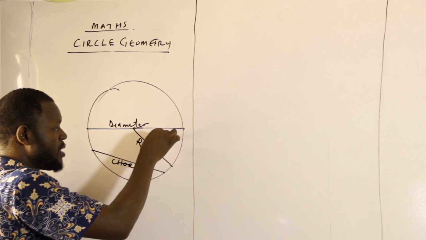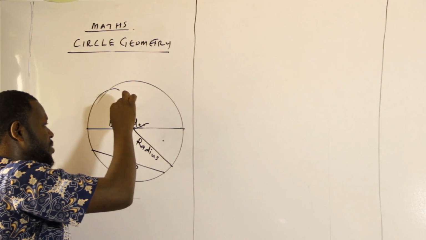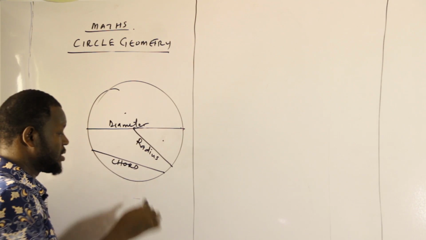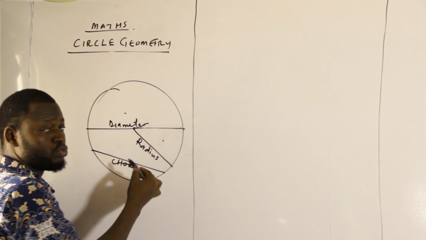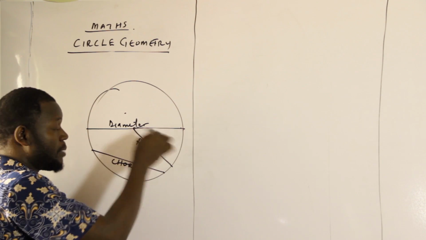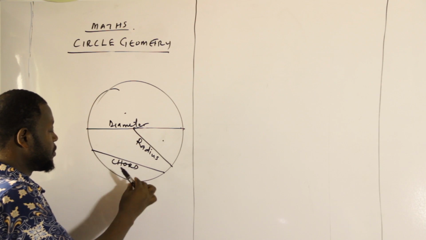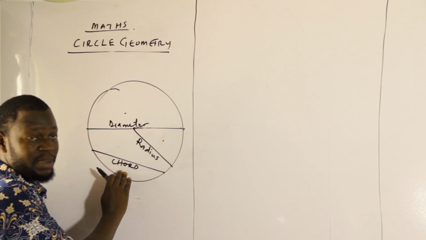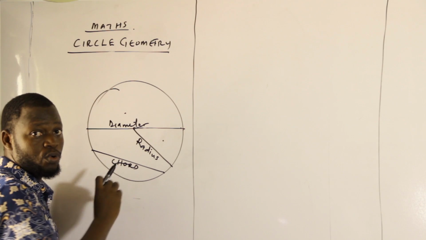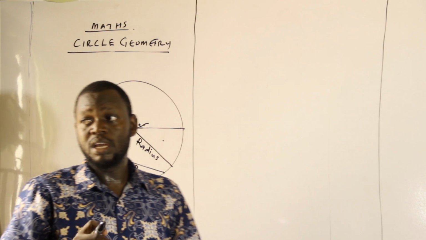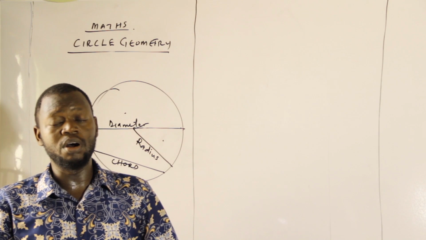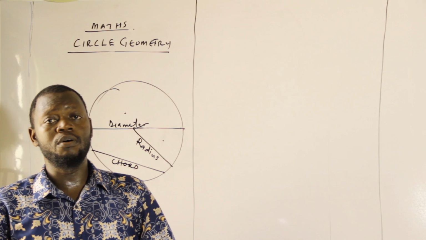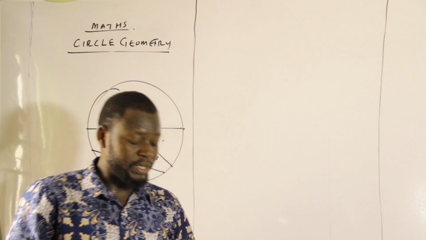The difference is that this will be a minor sector and this will be a major sector. Likewise a chord cuts a circle into two but not equal halves. It is the diameter that does that service. So here we have this as a segment, and another part of this is a segment. So a chord gives you a segment, and a radius gives you a sector. Let's quickly note that.